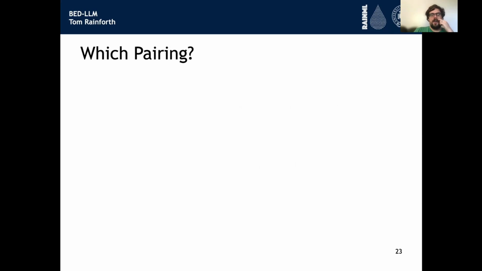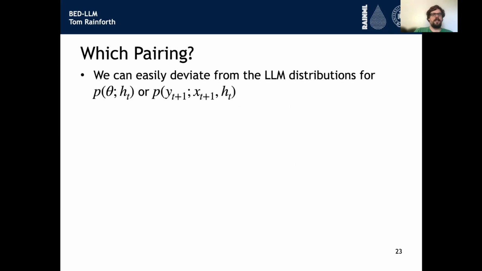So for our work, when we're using BED-LLM, we're going to mostly work with this prior likelihood pairing, and there are some important reasons for this. The first is a more practical one: when we work with these marginal distributions, either the prior or the marginal data distribution, it should be relatively easy for us to deviate from the LLM's internal beliefs.